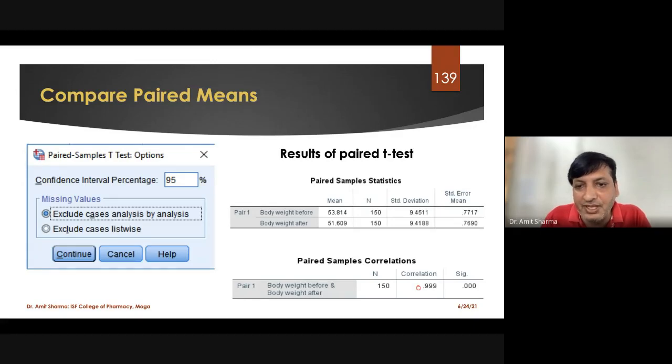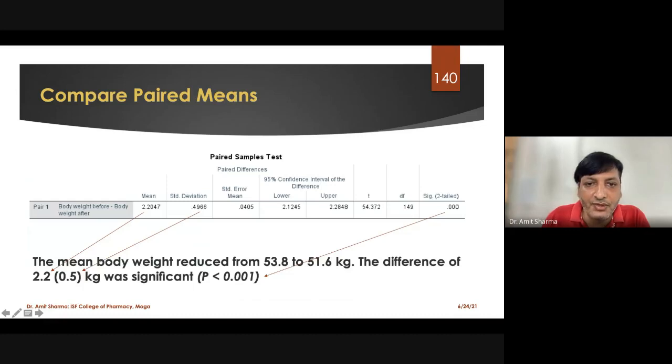So we can say that weight 1 and weight 2 are highly correlated to each other, and the test for correlation was found significant because we have got a significance value of 0.001. But this we are not quoting, we are not bothering about the correlation here. We want to find out the mean difference, so that will be taken from the paired sample t-test.